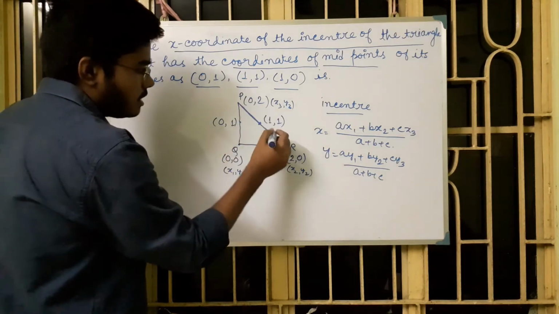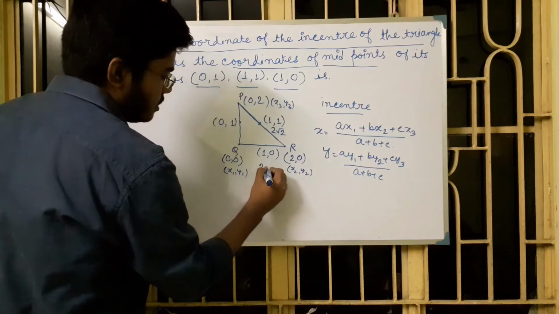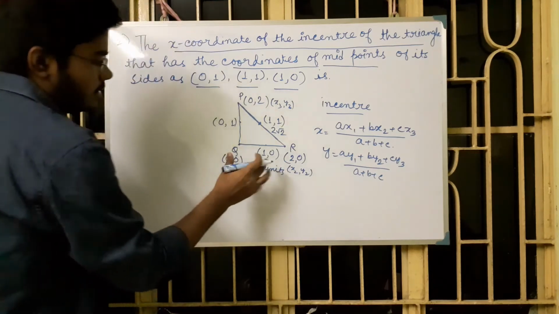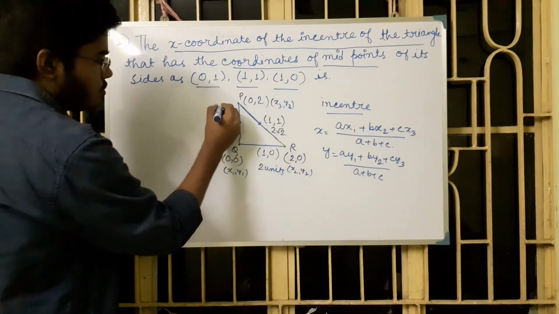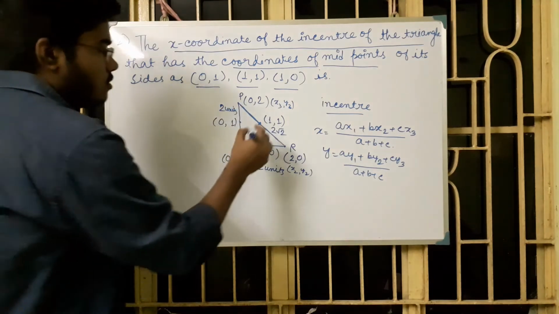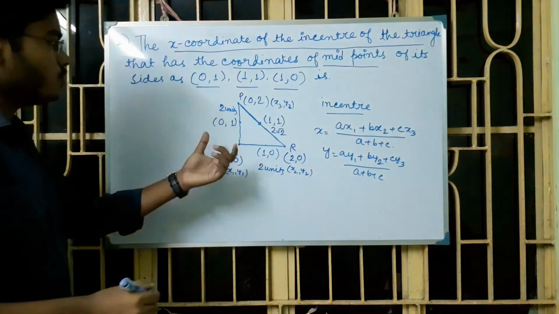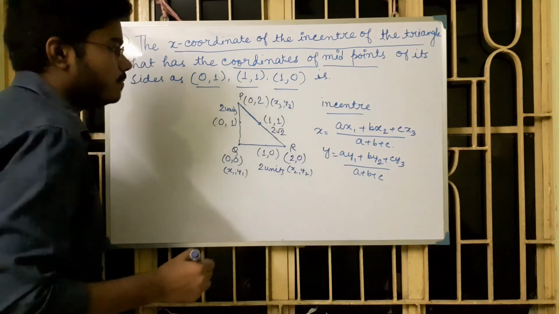So the length of this line is 2√2 units. This line is 2 units, and 0 to 2 means 2 units, and it is also 2 units. By the Pythagoras theorem, root over 2 square plus 2 square means root 8, that means 2 root 2.